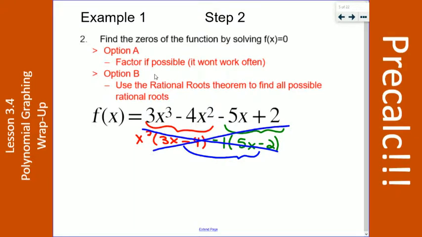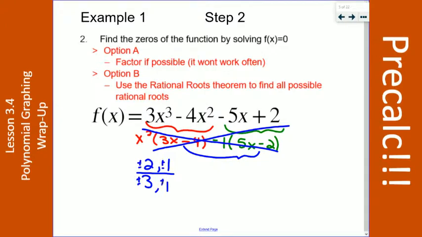We want to find what those possible rational roots are going to be. So we take the last term 2 and all of its factors, so 2 and 1, divided by the leading coefficient and all of its factors, which are 3 and 1 as well. And don't forget, we always want to have positives and negatives on all these.